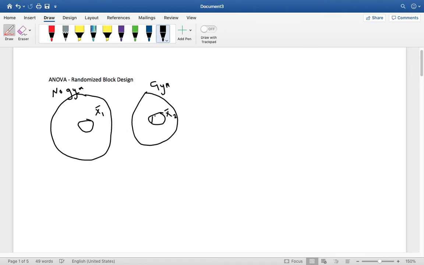People that go to the gym may end up weighing less than people that do not go to the gym, but that may not be a function of going to the gym. That may be a function of these guys having a healthier lifestyle. So maybe they have a healthier diet, and it may be the diet that is the reason for them weighing less, and it may not be going to the gym.